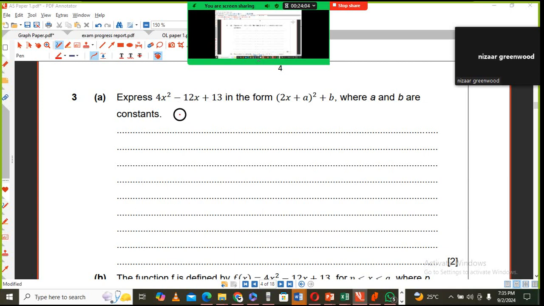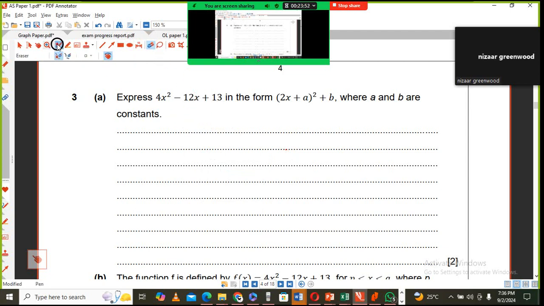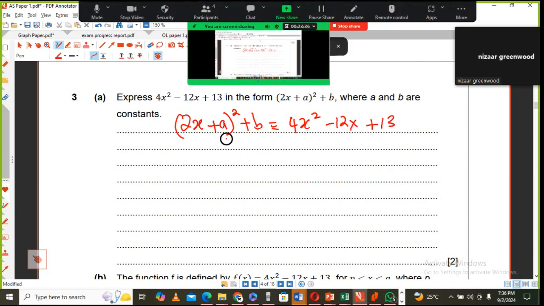Okay. If this is too long for you, I made this an identity. I said (2x plus a) all squared plus whatever b is, is identical to 4x squared minus 12x plus 13.